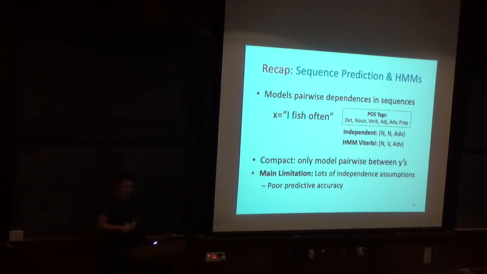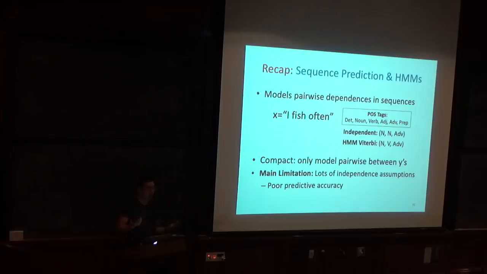Okay, so just to recap, today we saw sequence prediction and hidden Markov models. It is a generative model that models pairwise dependencies in sequences. You could think of it as the simplest extension of naive Bayes to be able to model sequential dependencies between the Ys. It's compact in that it only models the pairwise dependencies between Ys, and therefore we can exploit a lot of that structure to design efficient algorithms for learning and for prediction.